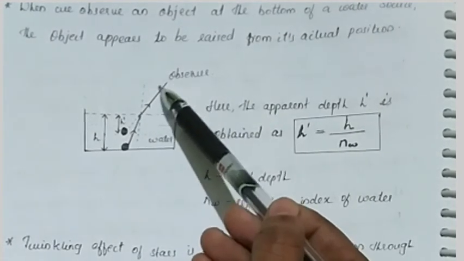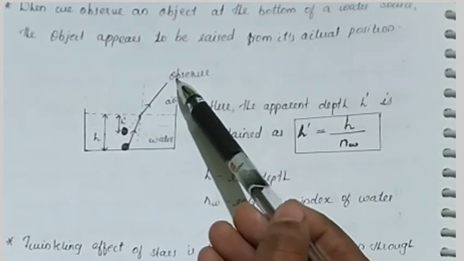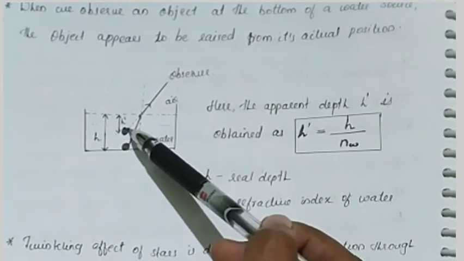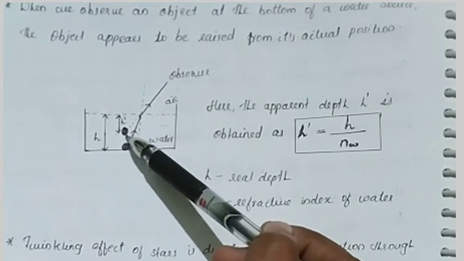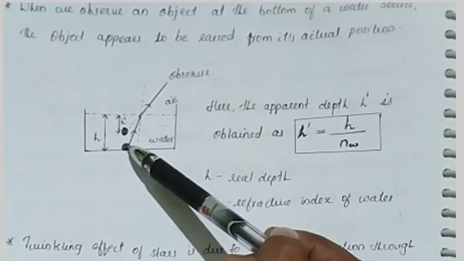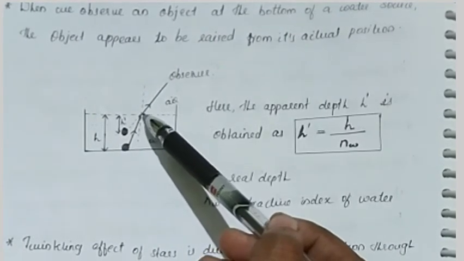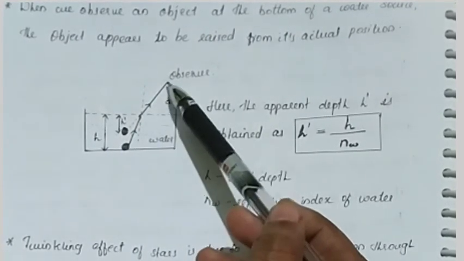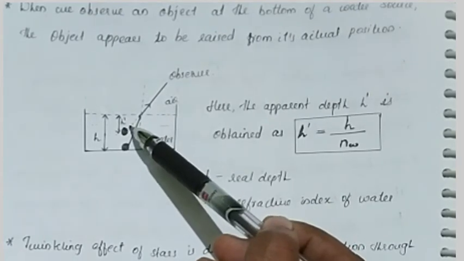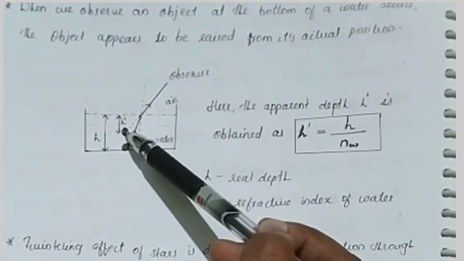Due to this deviated light ray that reaches our eyes, the object appears to be displaced and raised from its actual position.